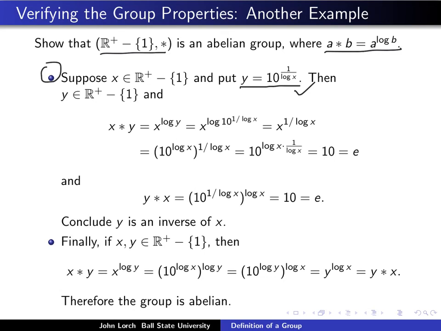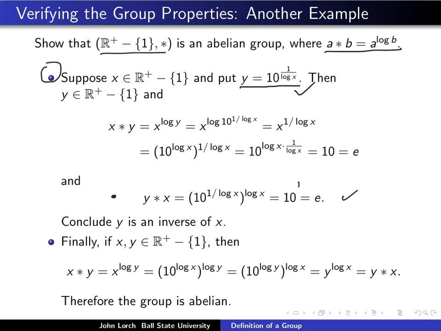Probably this bottom one is the simplest to consider first, right? If we take y times x, that is 10 to the 1 over log x to the log x. And then by multiplying exponents, we see that that's just 10 to the 1. But remember, 10 was our identity. So when we take y star x, we get the identity.